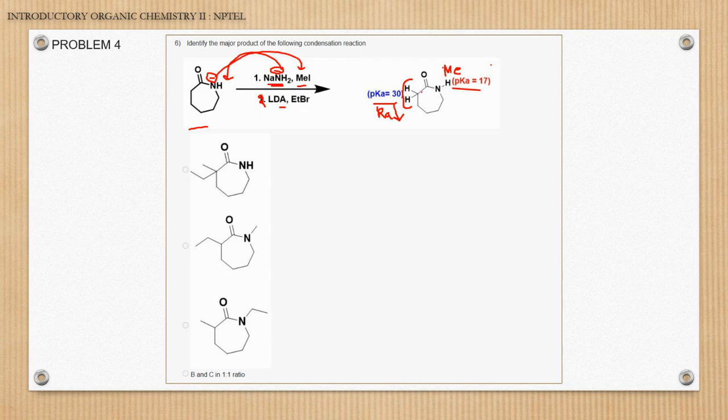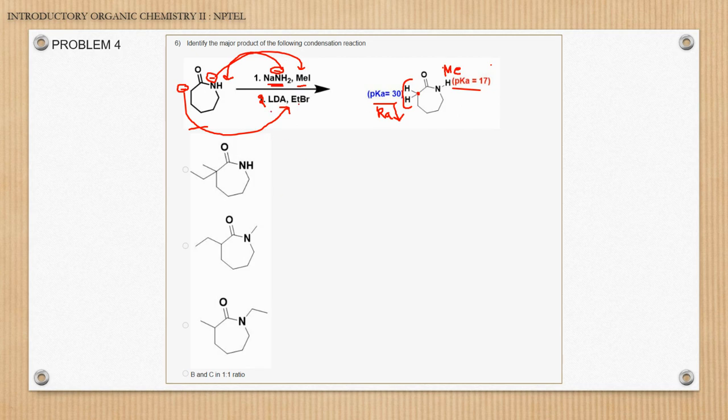The protons at the alpha position of this carbonyl carbon. So one of the protons is getting abstracted by LDA, and a negative charge is formed at the alpha position. And now this negative charge will attack the ethyl bromide and Br will knock out.